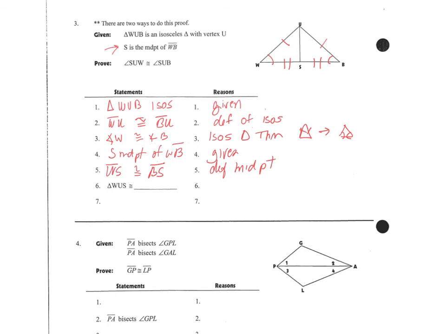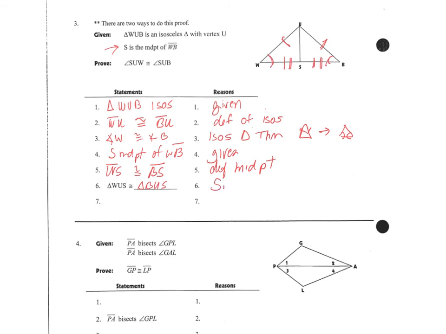And so what would happen then is that we can say that triangle WUS is congruent to triangle BUS. And that is going to be by, we have a side, an included angle, and a side.